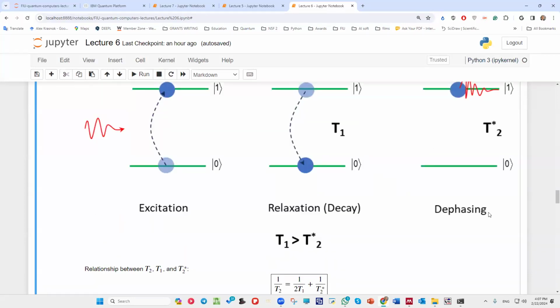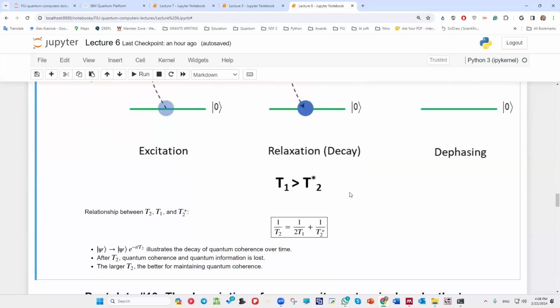Relaxation, vice versa, actually, always contributes to dephasing. So the pure dephasing time, denoted by this star here, is always less than relaxation time.